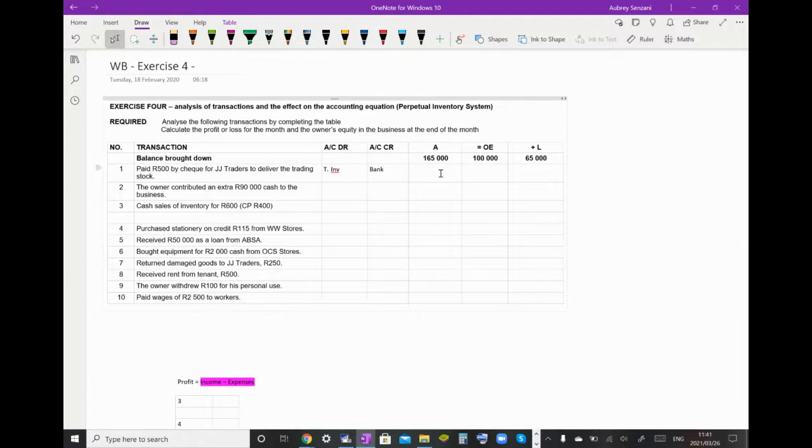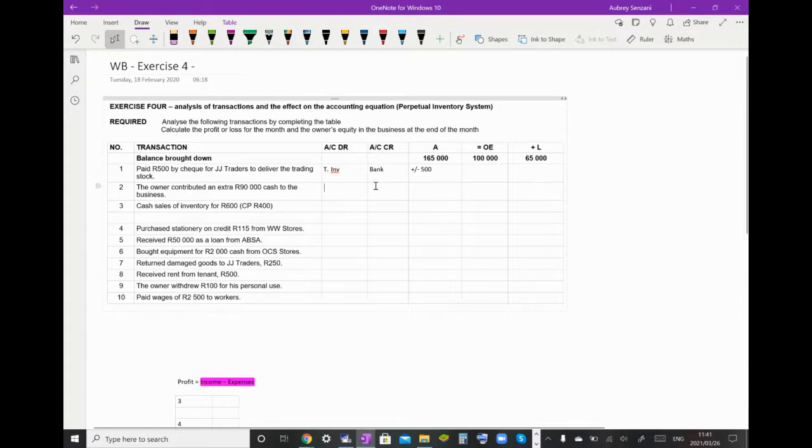All right, so under assets, we are going to just do plus minus 500. Okay. Then the next transaction is the owner contributed an extra 90,000 cash to the business. We know this is obviously going to affect capital and bank. What are we debiting? What are we crediting?